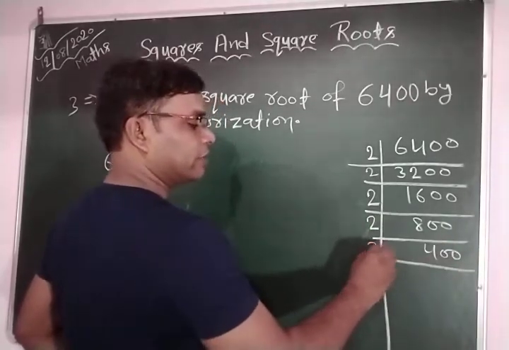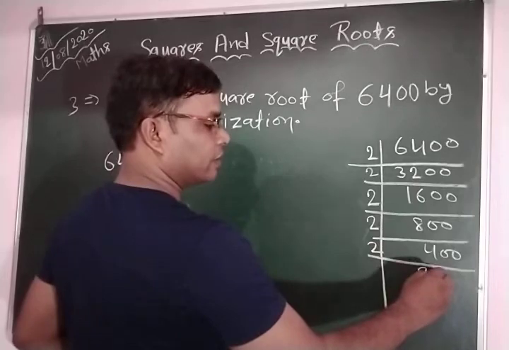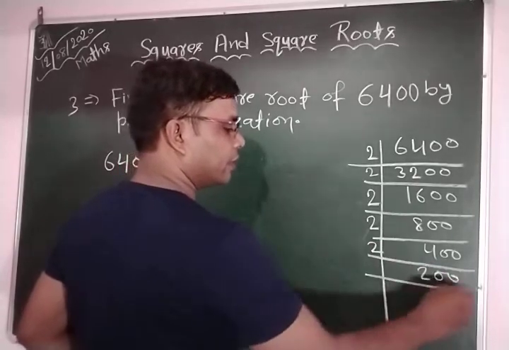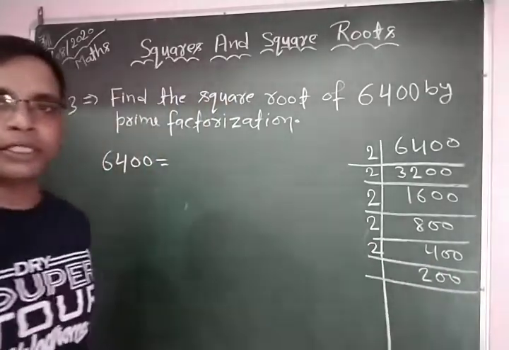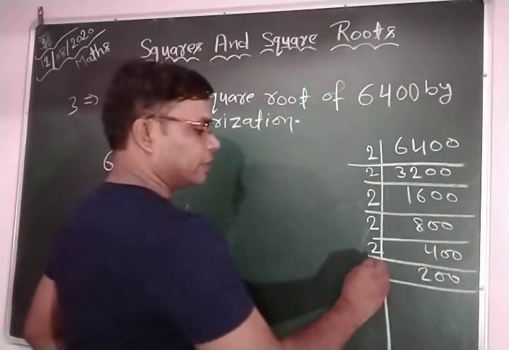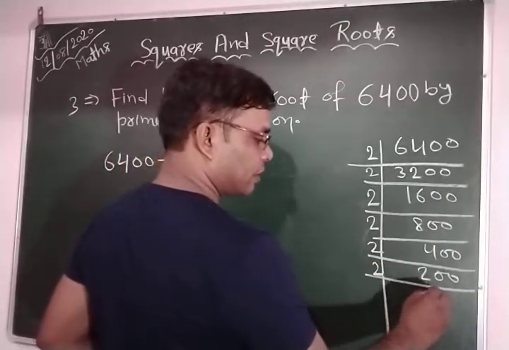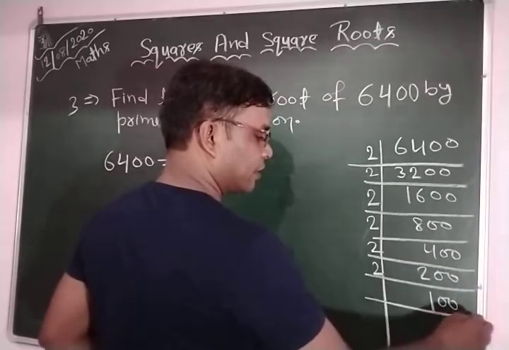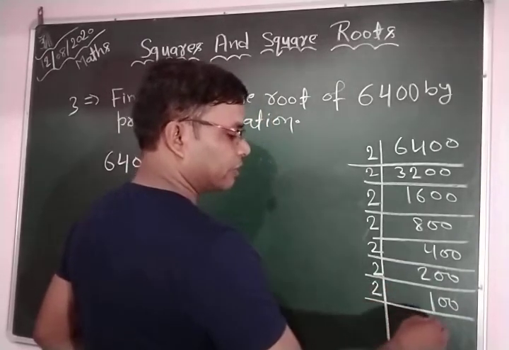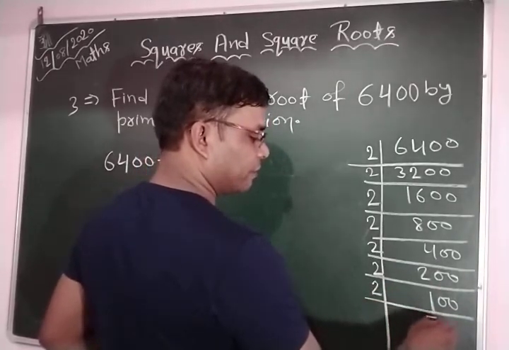Again this number is divisible by 2, we get 200. Again divisible by 2, we get 100. Again divisible by 2, we get 50.